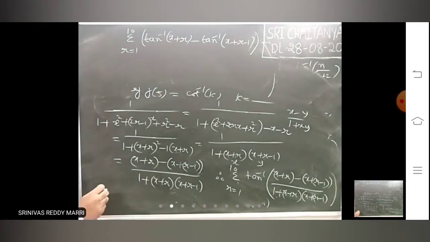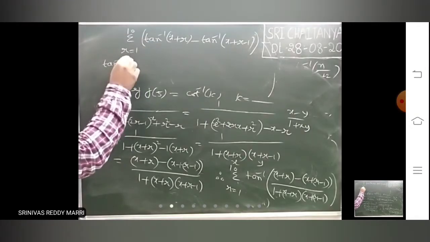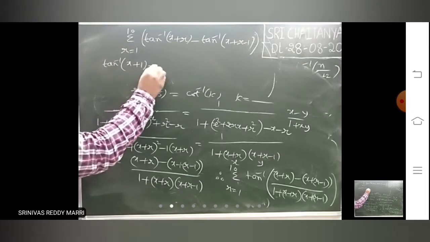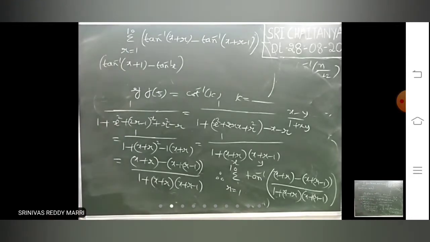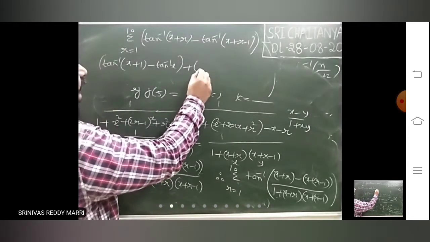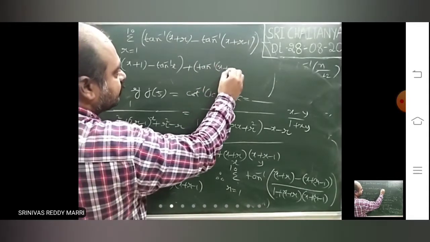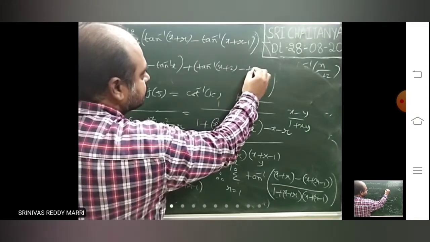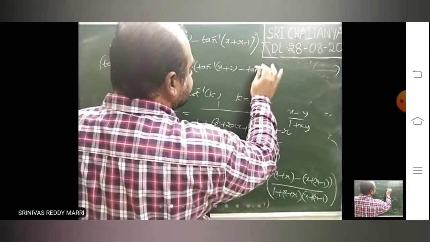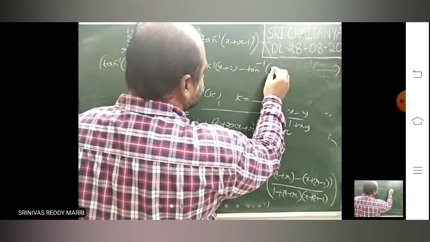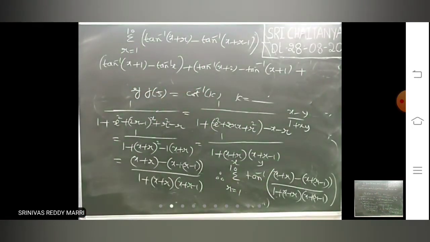Now substitute from r equal to 1 to 10. In place of r, tan inverse of x plus 1 minus tan inverse x. This plus next, r equal to 2 means you will get tan inverse x plus 2 minus tan inverse x plus 1, and so on.